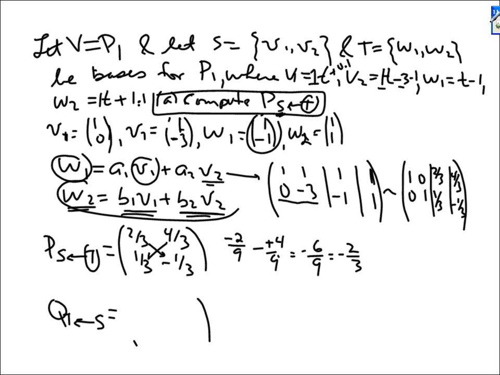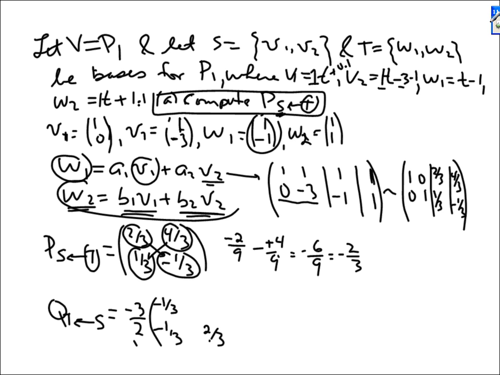So you're supposed to multiply by the reciprocal of that, which is negative 3 over 2. And these two numbers get interchanged. And for the other two numbers, the sign just changes.